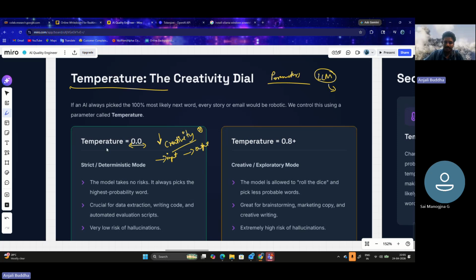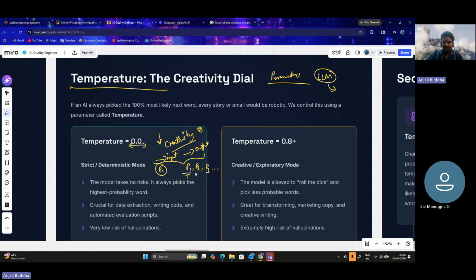When temperature is zero, it may always predict the highest probability token among the available tokens. Not exactly, though. For the same input, you could get different outputs, but the intention of the output could be almost the same. It may use different words, because internally it is a mathematical calculation. Depending on the set of tokens, let's say probability one for token one, probability two for token two, probability three for token three, say 99% or 98%.